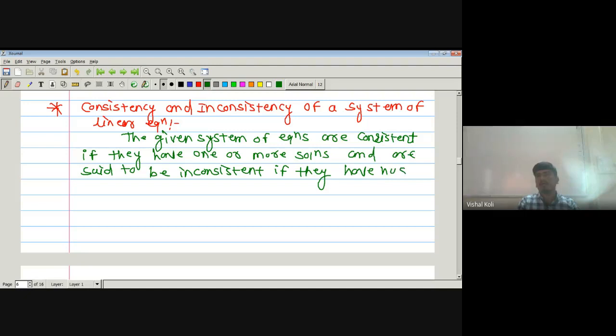So a given system of linear equations is said to be a consistent system if it has a solution, and if it has no solution, then the given system of linear equations is said to be inconsistent.